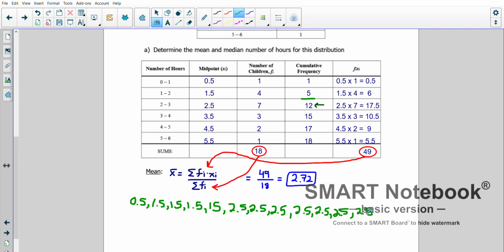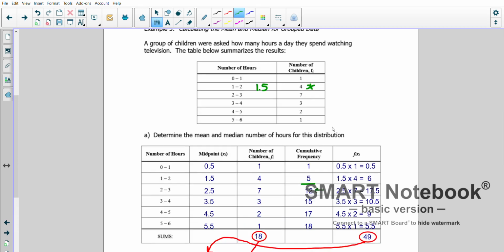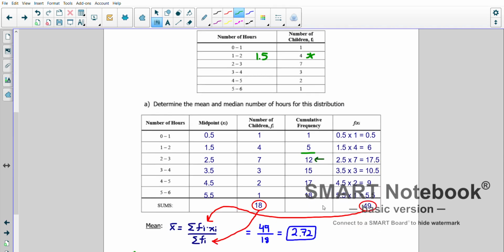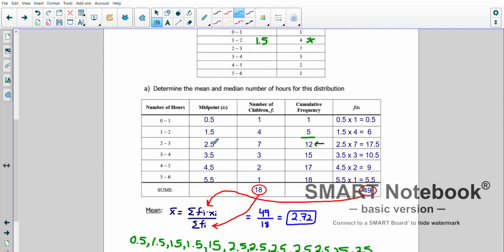Okay, so how many cumulative hours do these 7 kids watching 2.5 hours do? Well, I would do 2.5 times 7. That's exactly what the formula is telling me to do: multiply the midpoints by the frequency, the number of kids. So in this interval, it's 2.5 hours for 7 kids, so those 7 kids watch 17.5 hours.